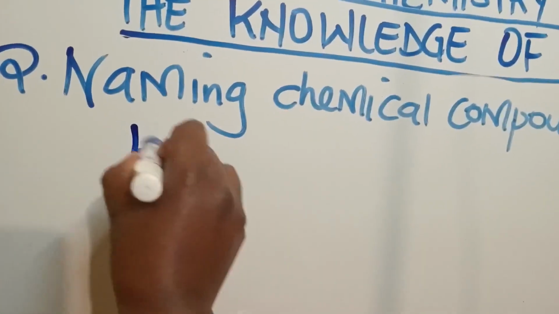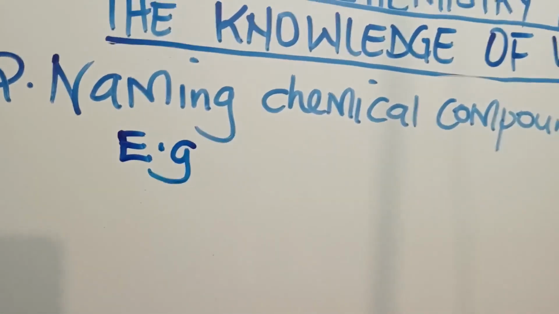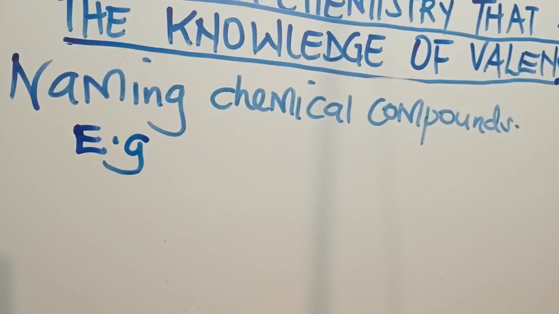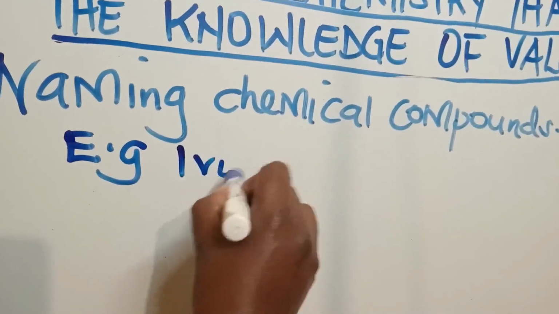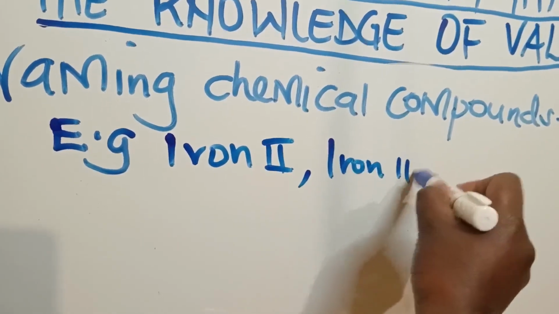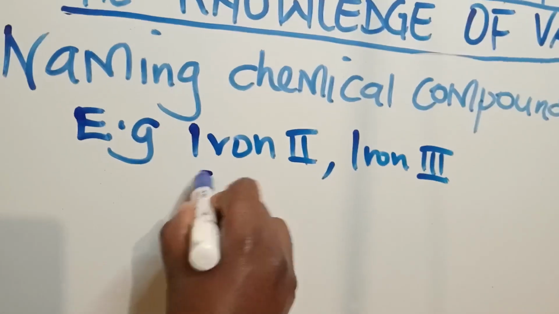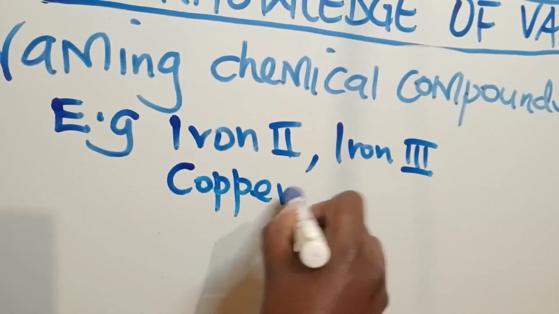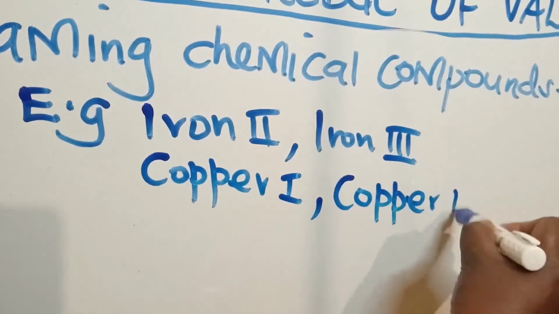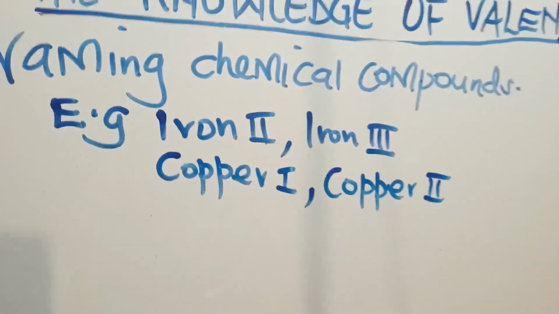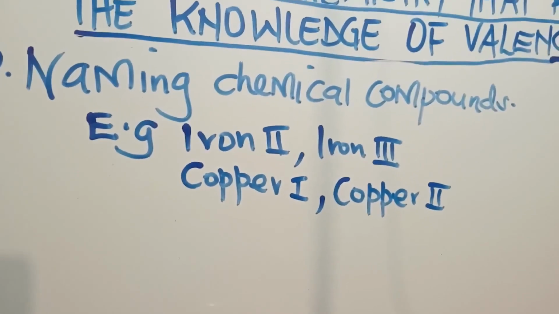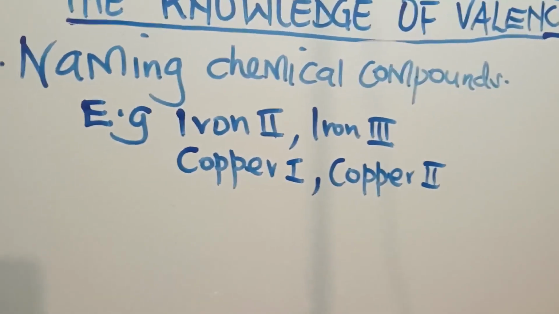This is seen mostly for some of the transition elements that have more than one valency. For example, we have iron 2, and we also have iron 3. We also have copper 1. Then we have copper 2. These are examples of transition elements.